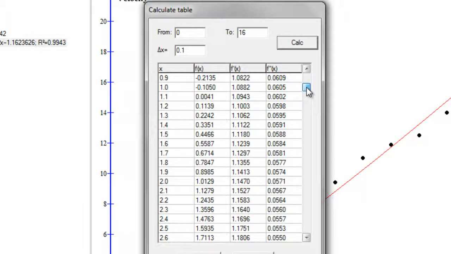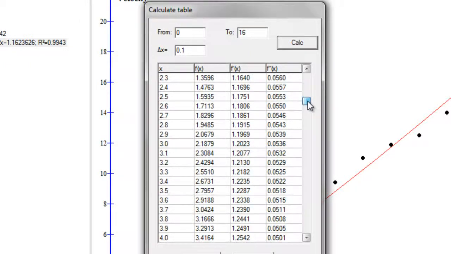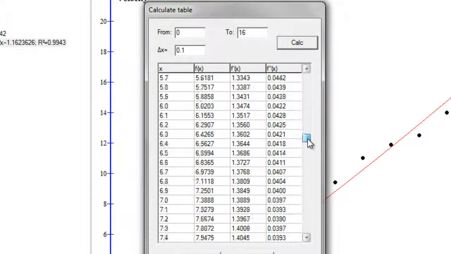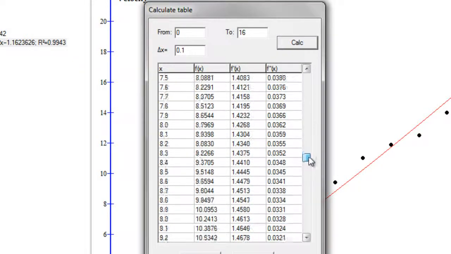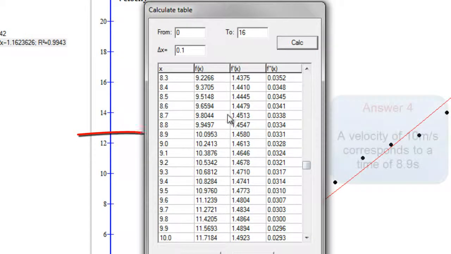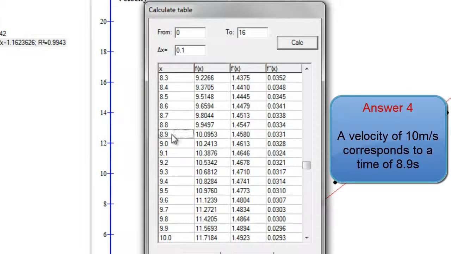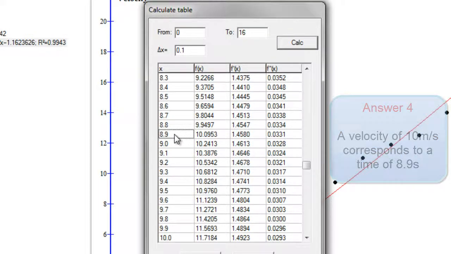As you can see, we are here given the values, and we have to look for a velocity of 10 meters per second. The closest value to 10 meters per second is in fact 10.09 here, which gives us an x value of 8.9 seconds.